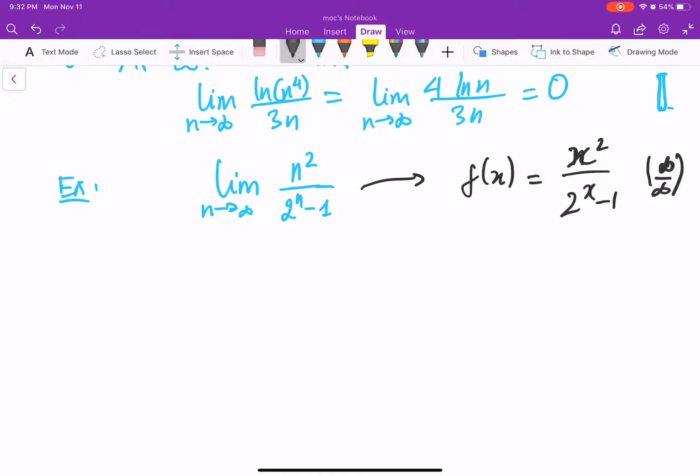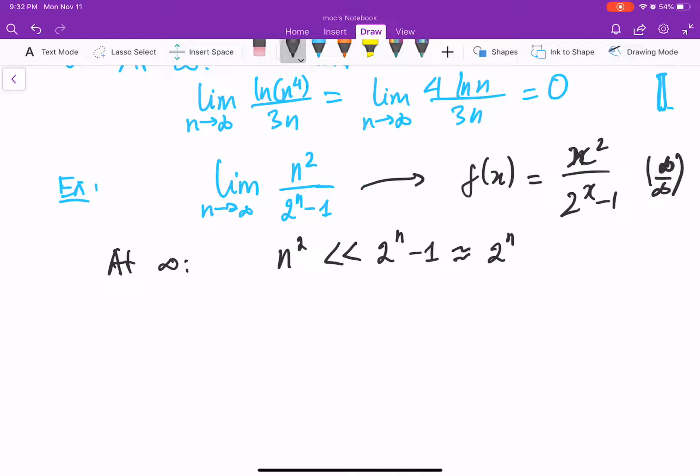I would say on the top we have polynomial n squared. In the bottom we have 2 to the n minus 1, which is exponential, right? So I can write at infinity, n squared is very small if you compare with 2 to the n minus 1. But 2 to the n minus 1 is similar to 2 to the n, because at infinity, 1 is nothing, right?